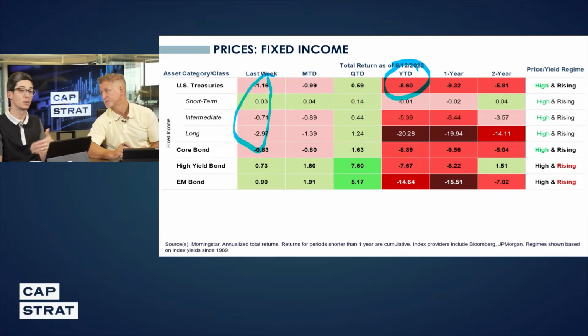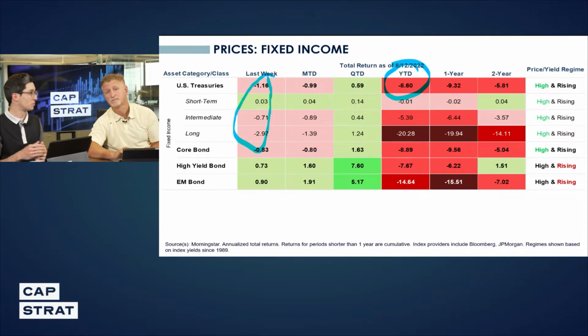And so every single asset class in fixed income, we use yield regimes. So our yields low and rising, high and falling, or low and falling. And these indicate different return environments and future expected returns for various asset classes. So as you can see over there to the right, we've color-coded the regime, so you know what regime we're in, and color-coded it to see is it a positive or a negative.